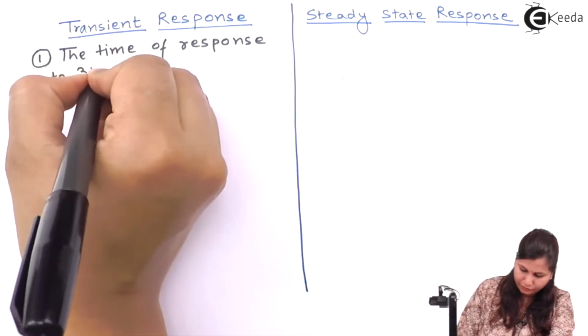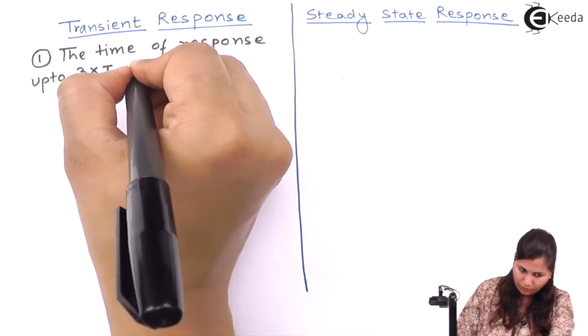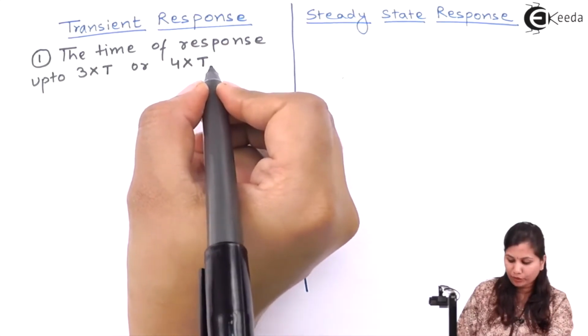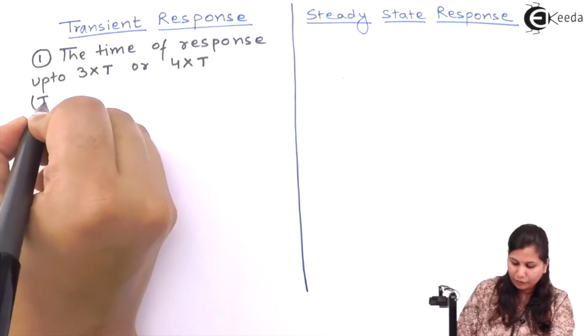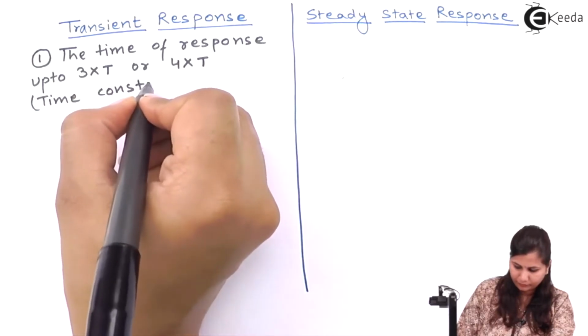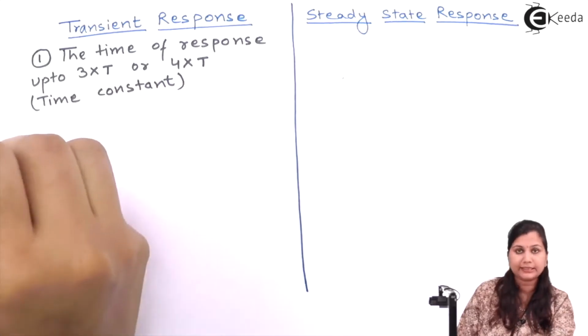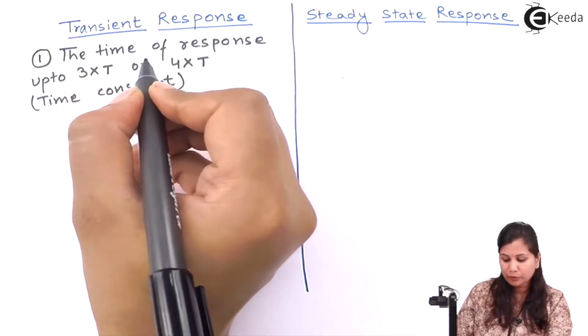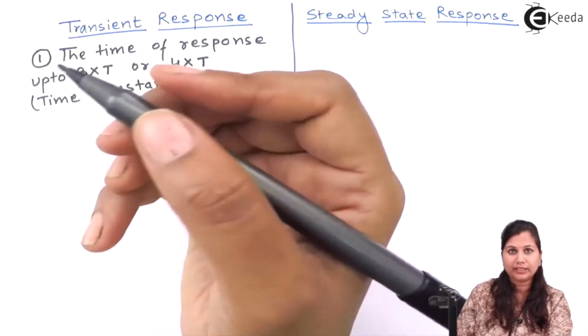up to 3T or 4T. What is this 3T and 4T? T is the time constant. Okay, T is the time constant of the system. So this is 3 times the time constant or 4 times the time constant.